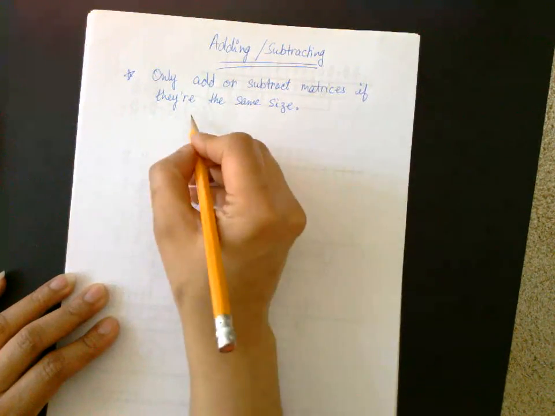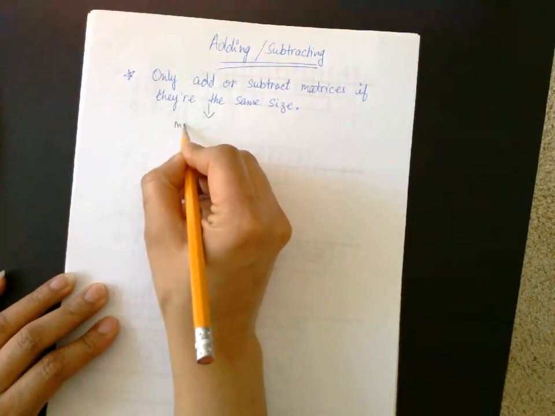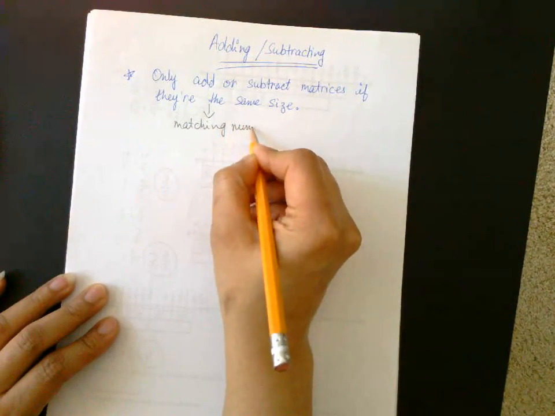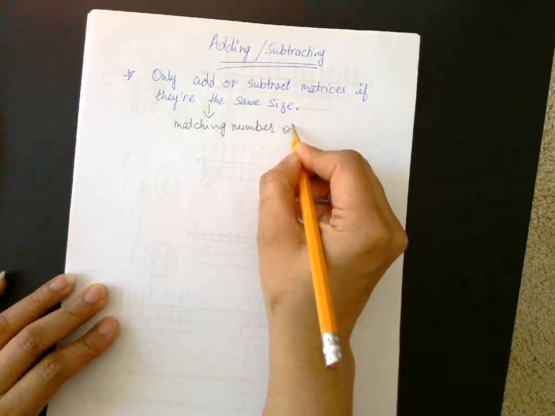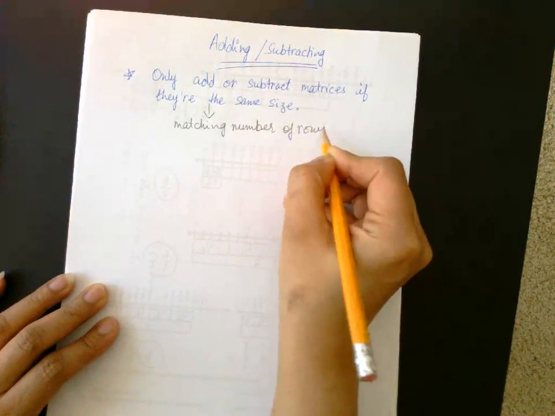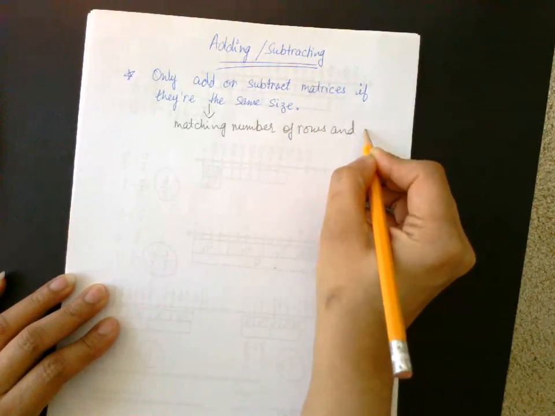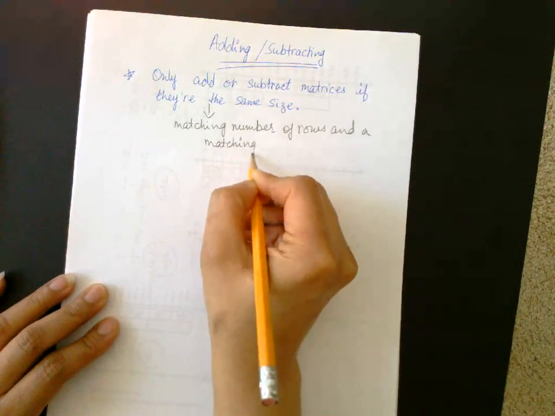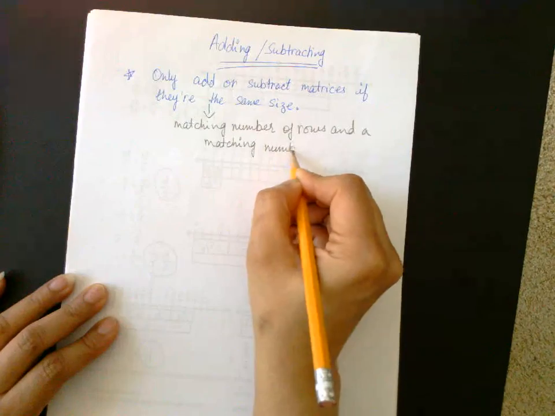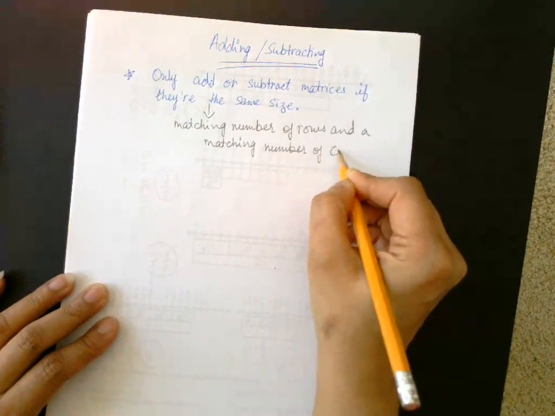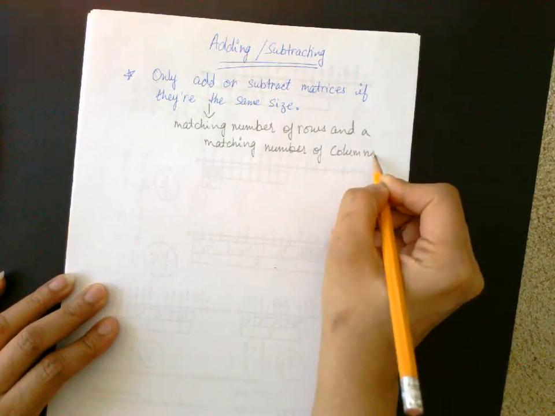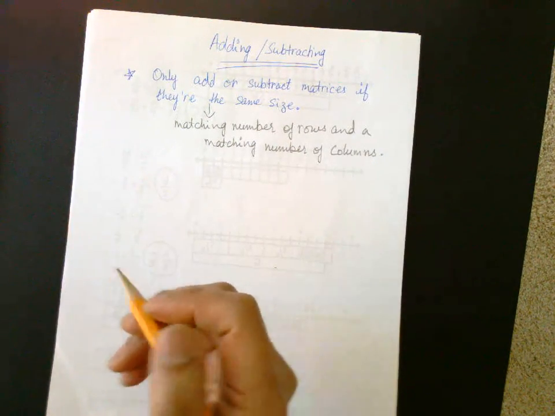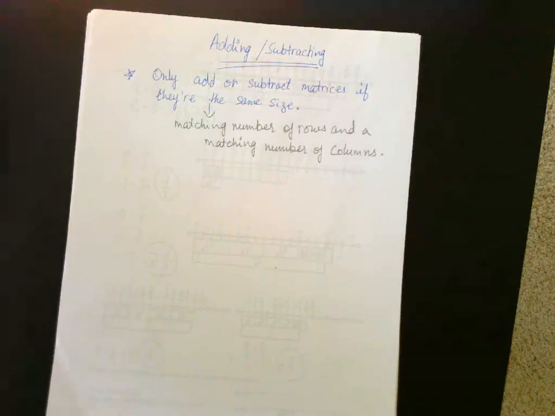It means a matching number of rows and a matching number of columns. This is nothing but adding and subtracting.